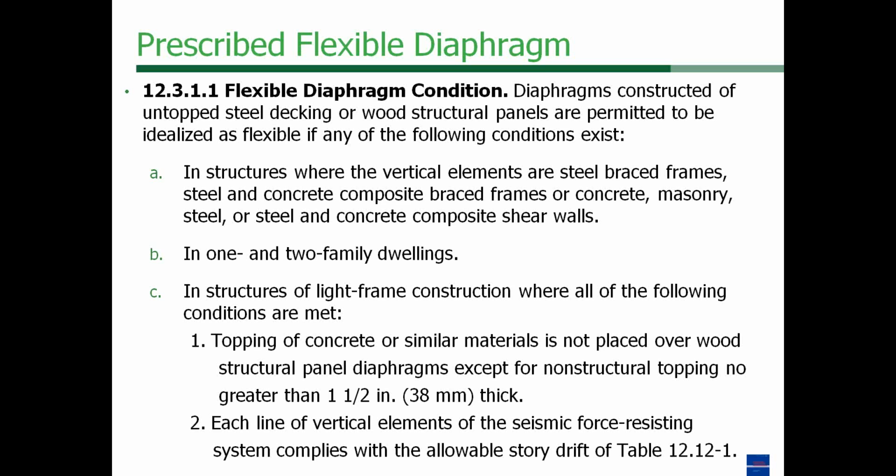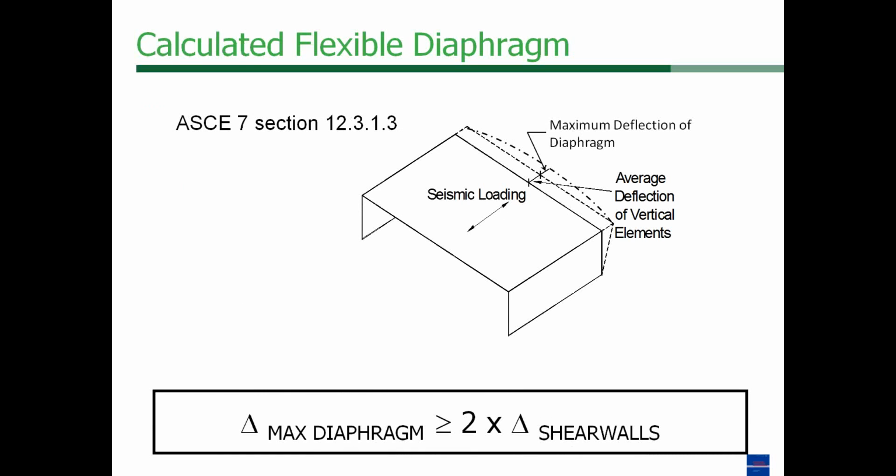And we want to emphasize that this is prescriptively spelled out here because ASCE 7 also includes a calculation method where you can calculate flexibility in 12.3.1.3, and that says that diaphragms are permitted to be idealized as flexible where the computed maximum in-plane deflection of the diaphragm is more than 2 times the average story drift of adjoining vertical elements.